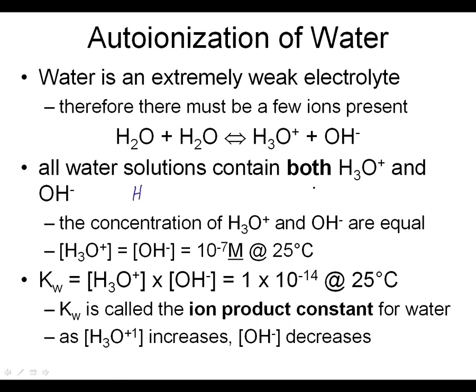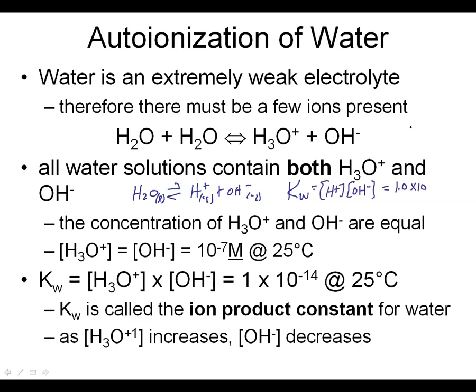In a reversible reaction, we can write a relationship of those species, which is known as an equilibrium constant, K. In this case it is known as Kw, for water, which is what the W stands for. And that is the concentration of H plus times the concentration of OH minus, which will equal this value of 1 times 10 to the minus 14.